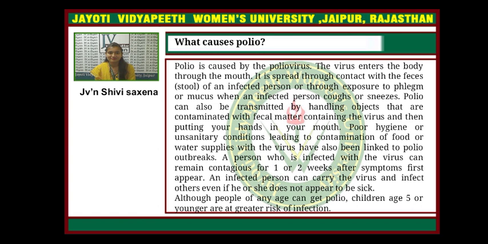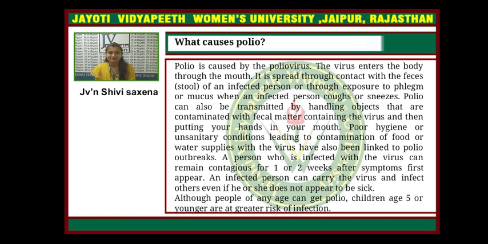Poor hygiene or unsanitary conditions leading to contamination of food or water supplies with the virus have also been linked to polio outbreaks. A person who is infected with the virus can remain contagious for 1 or 2 weeks after symptoms first appear.